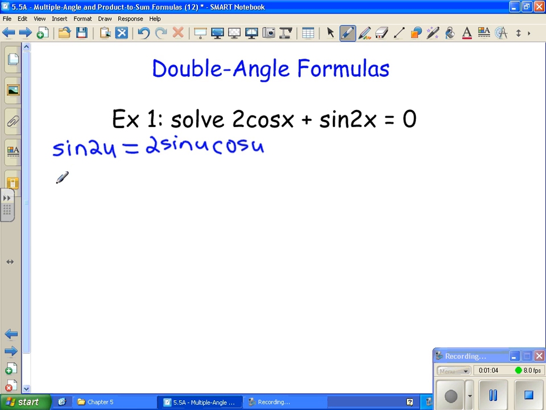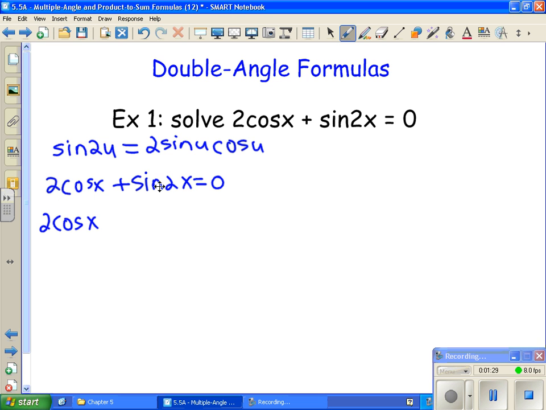So let's go ahead and see, our original equation is 2 cosine x plus sine 2x equals 0. Rewriting, I have 2 cosine x.